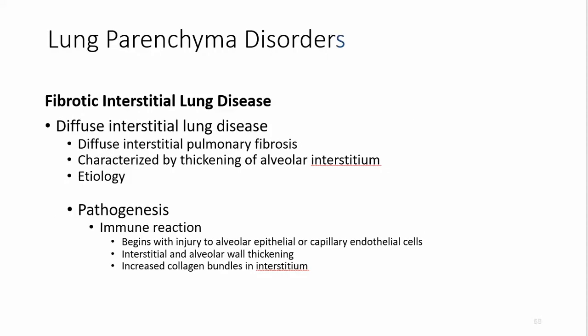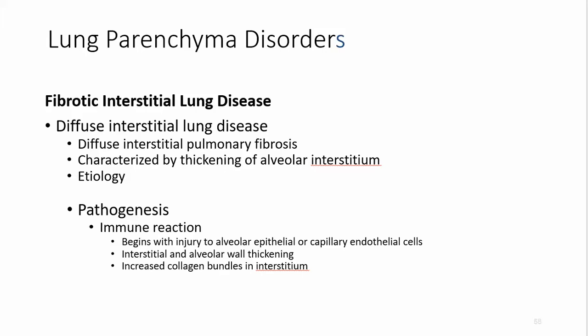Okay, a big parenchymal disorder that's very common. My father has it. It is fibrotic lung disease, interstitial, and really what it is is scar tissue in the interstitium. So it's an increase of collagen replacing elastic tissues in the supporting cells of the lungs, in the interstitial cells of the lungs.